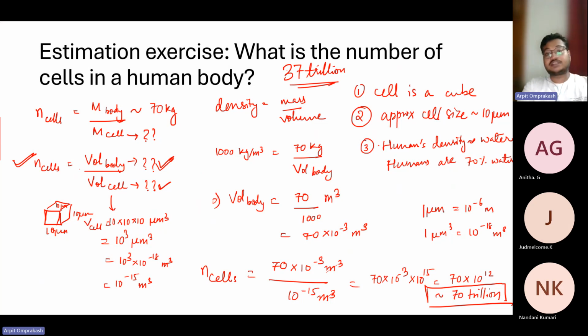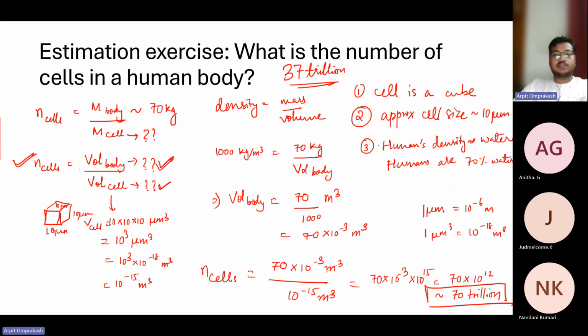And since we are doing an estimation, we don't need to be very accurate, so we can make some of these assumptions. The second assumption that we made is that the approximate size of a cell is around 10 micrometers. We made that assumption because we have an idea that the human red blood cell is somewhere around 7 to 8 micrometers, so it's reasonable that other cells are also of the same size.